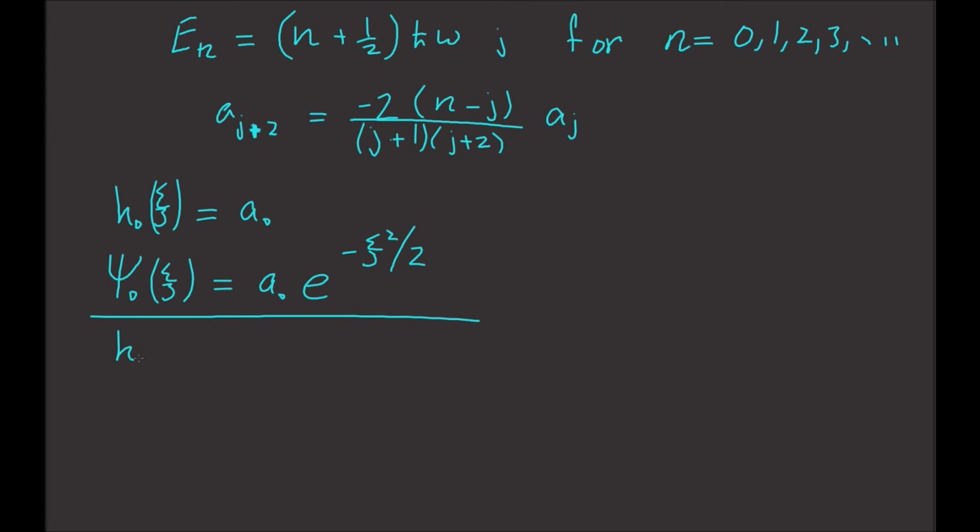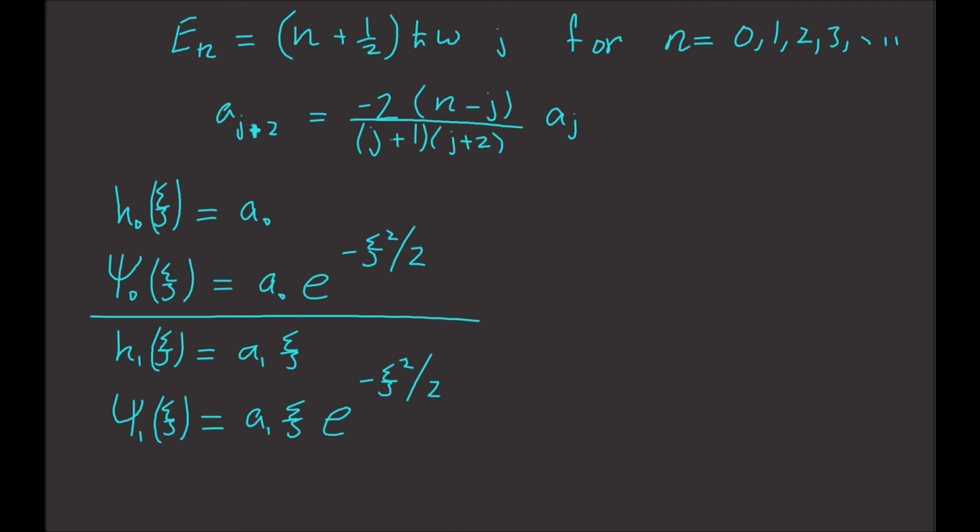And then h1 of ξ is equal to a1 times ξ, which gives us psi 1 of ξ equals h1, which is a1 times ξ times e to the minus ξ squared over 2.